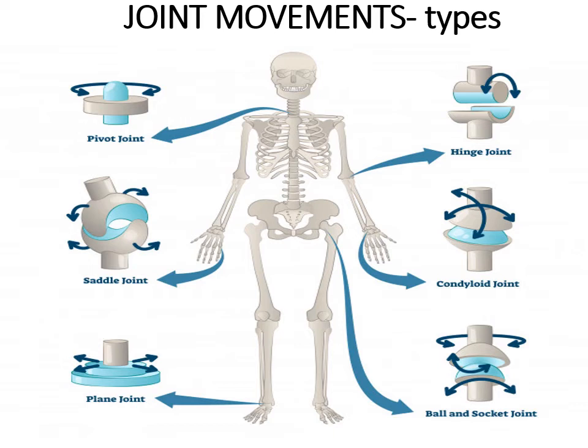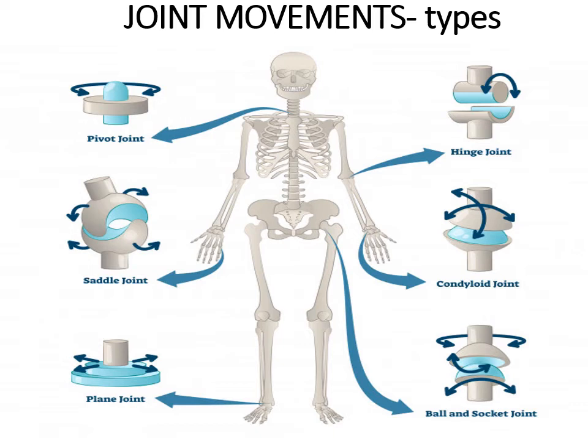I'm not going to go through all of these joint movements, but take a look at them and make a bit of sense of why each moves in its particular fashion. If I look at the wrist joint, if you move your wrist, you can see that it moves in multiple directions.